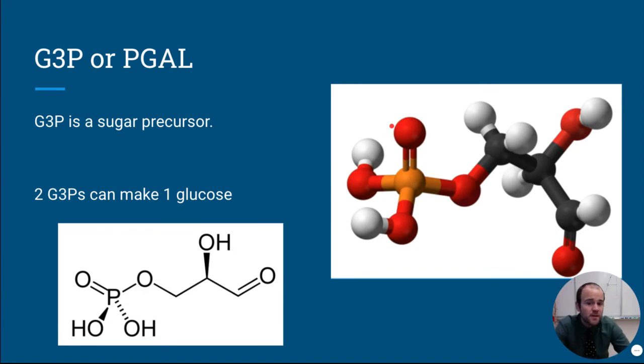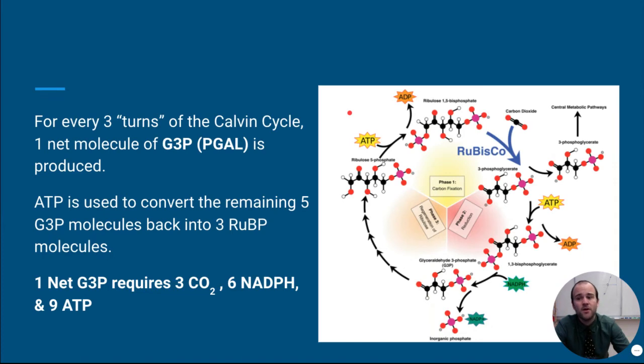So G3P or PGAL is our sugar precursor, and with 2 of them, we can make that sugar. So in the Calvin cycle, we're putting carbon dioxide in, putting ATP in to make sugar, as opposed to taking sugar, kicking out ATP, kicking out carbon dioxide. So it's basically a reverse Krebs cycle.